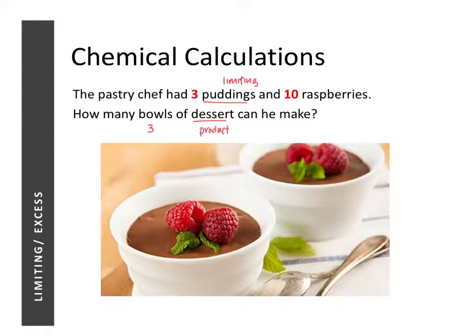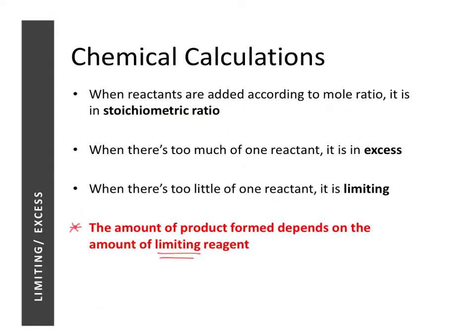The amount of limiting reagent will affect the amount of product formed. As mentioned, this is the most important. The amount of product formed depends on the amount of your limiting reagent, not the excess one. So when you want to find the number of moles of your product, you need to compare the mole ratio between the limiting reagent and your product.